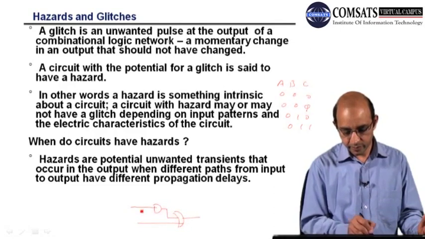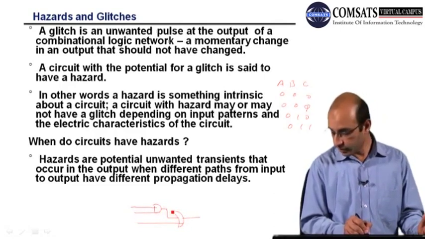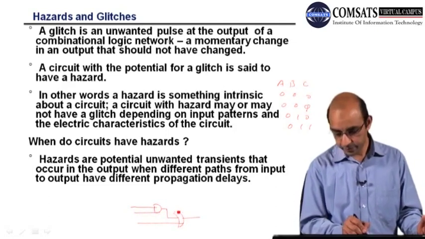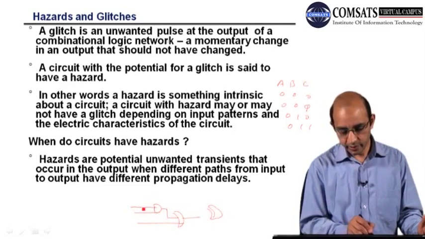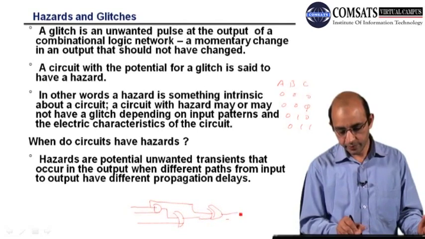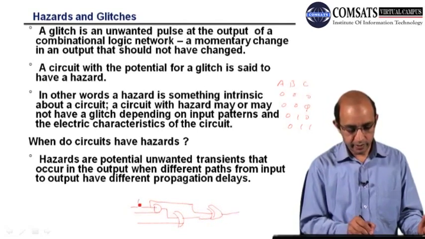We have, for example, a circuit with an AND, an OR, and this is the XOR. We label the inputs A, this is B, and this is C.